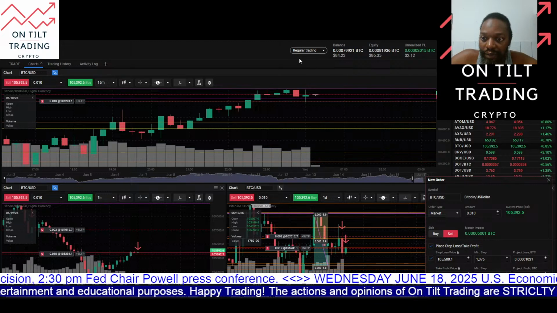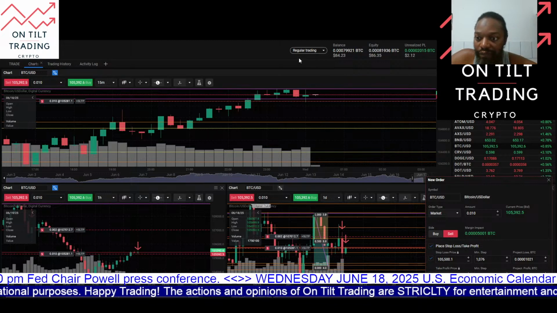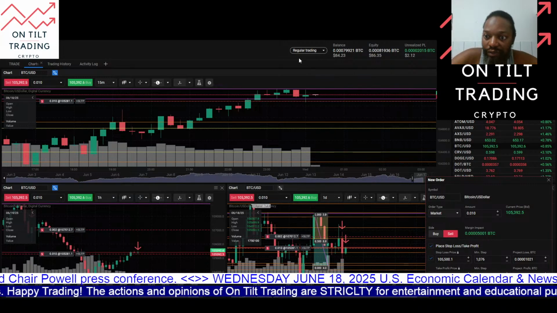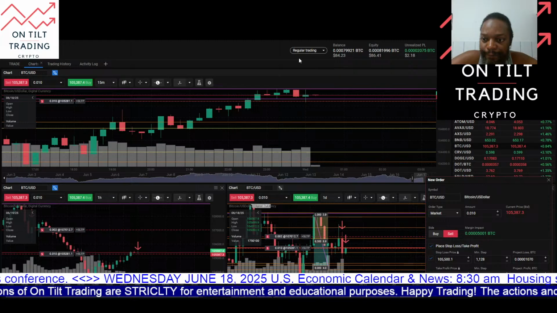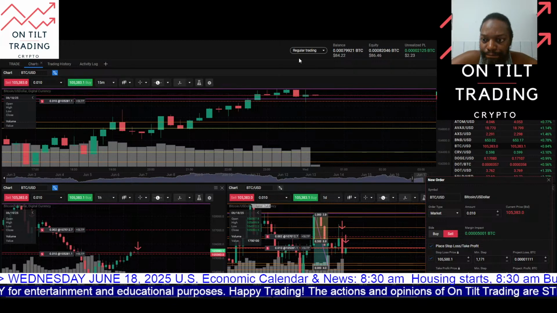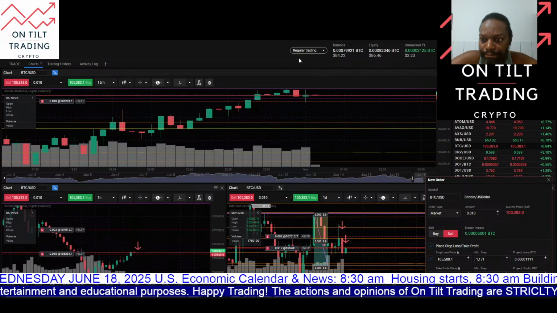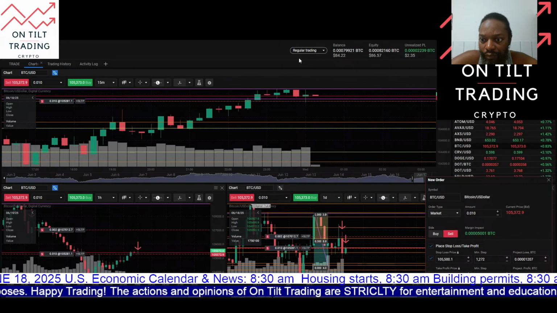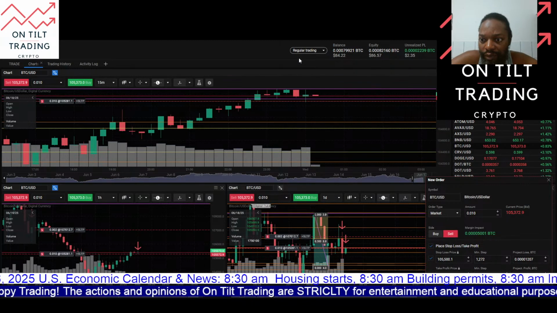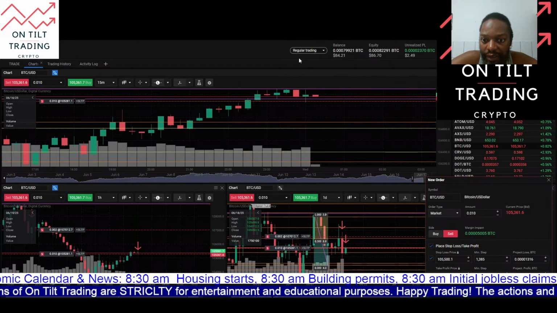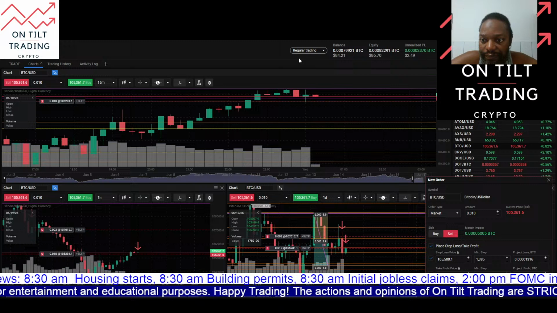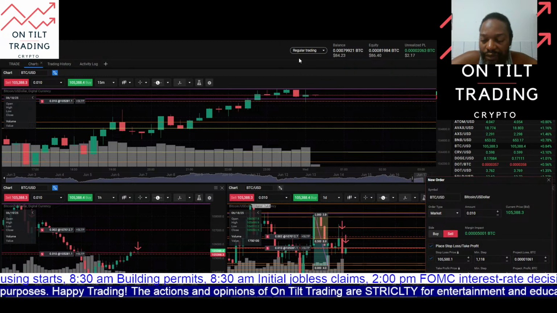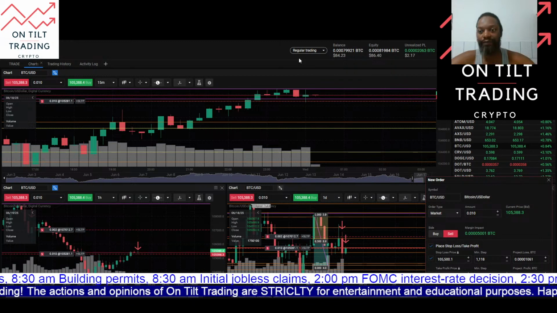Price still holding here near this 105,400 level at 105,392.5. Price currently being delivered to the sell side. This candle putting in new lows. Still consolidating.